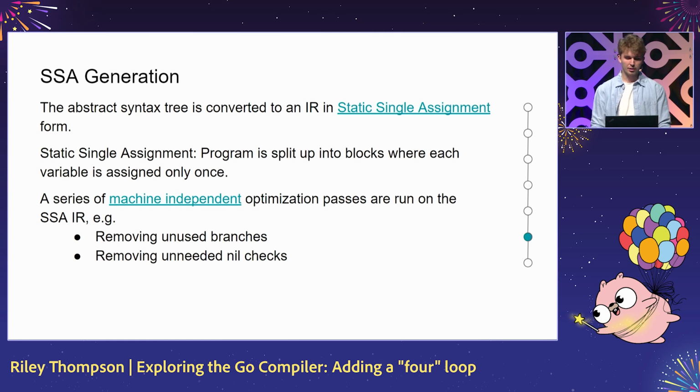Putting our program into SSA is useful because it simplifies our program for us and lets us make a lot of optimizations. Once we have our program in SSA, we first do a series of architecture-independent optimization passes on the SSA form. This includes things like removing unused branches and removing unneeded nil checks, and a whole bunch of other things that we'll see a bit later.